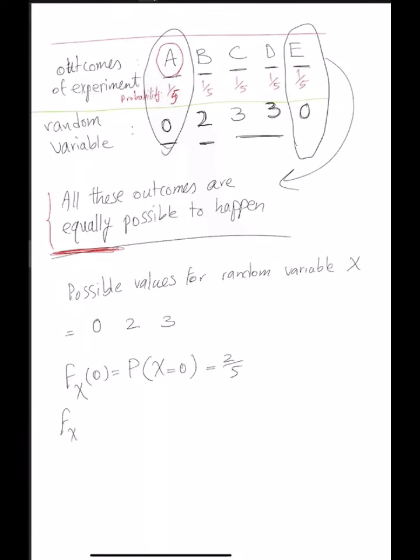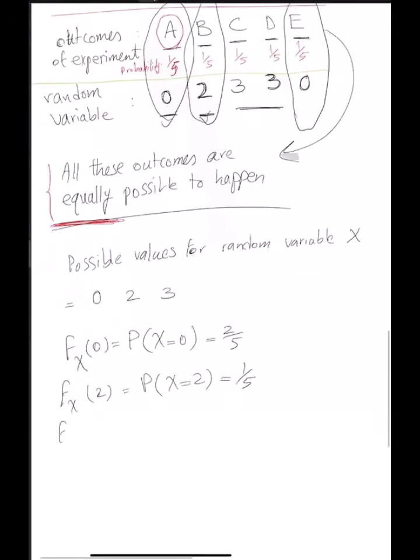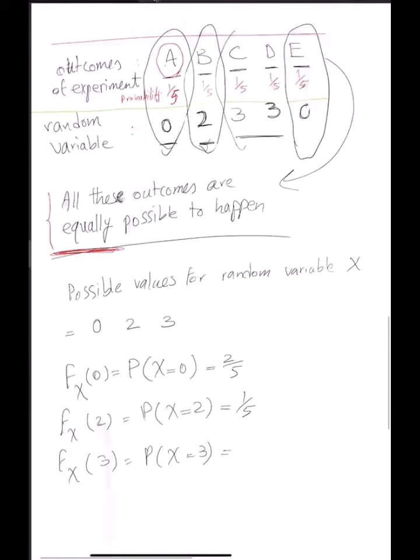How about probability of 2? 1/5? When do we observe 2? Only in this scenario, when B happens. And that's with chance of 1/5. And when I observe 3, that's when C happens or D happens, and that's 2/5 as well.